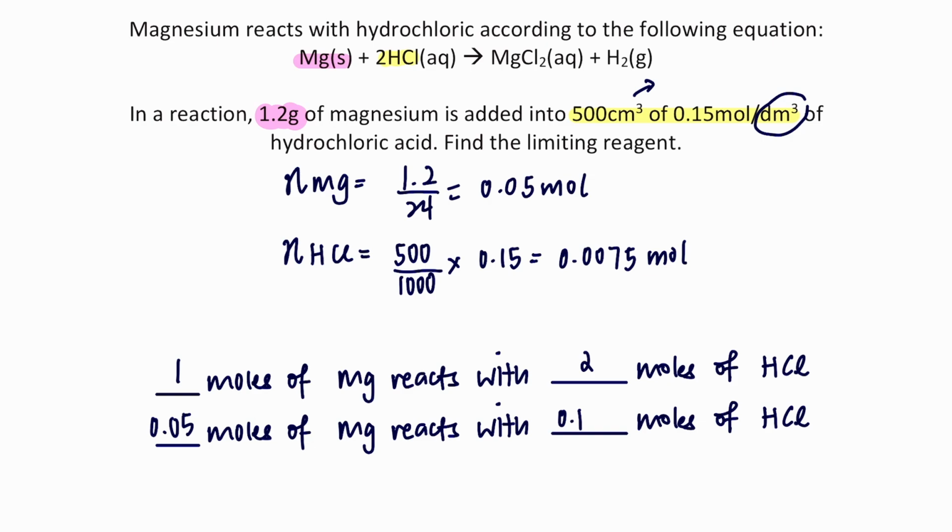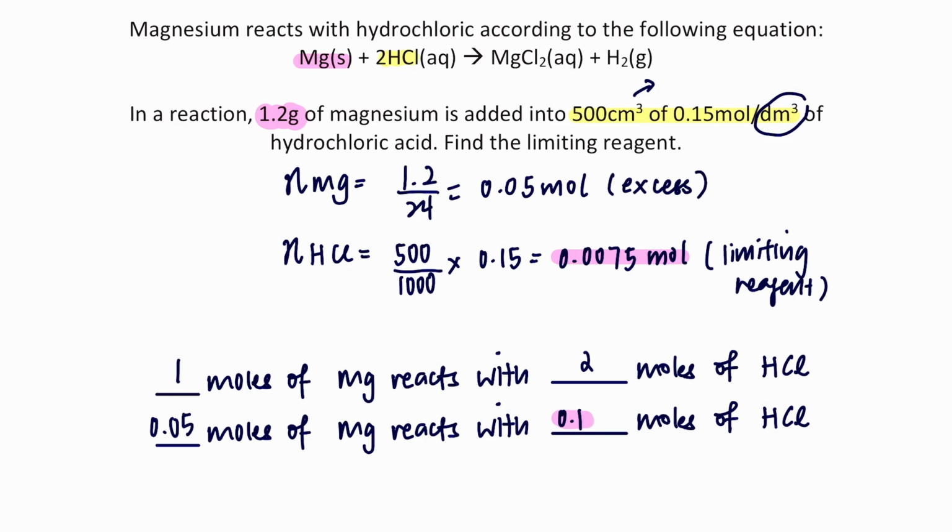From the equation, we are supposed to use 0.1 mole of HCl, but I only have 0.0075 moles of HCl. So it means that it is not enough. My HCl will be my limiting reagent, while my Mg will be in excess.